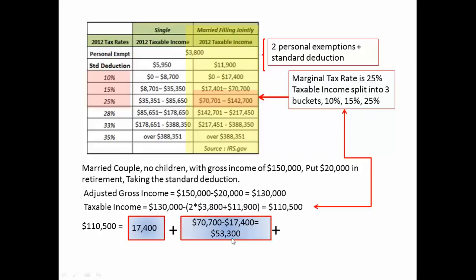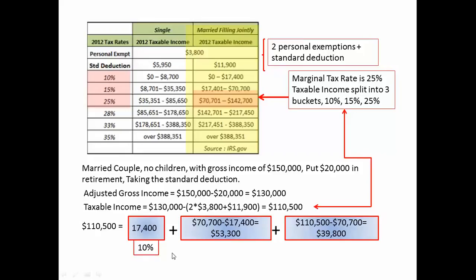The third bucket is their earnings, 110,500, minus the 70,700 you've already accumulated, which is 39,800. If you add 17,400, 53,300, and 39,800, you get 110,500. This is how you divvy up your income to be taxed at the different rates.